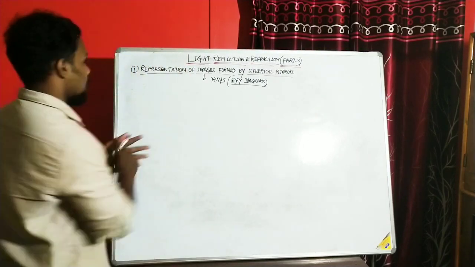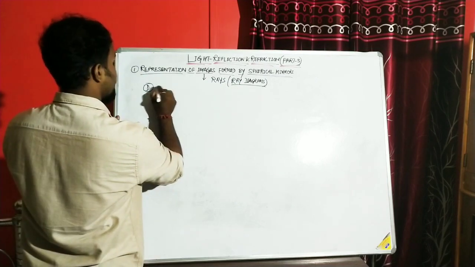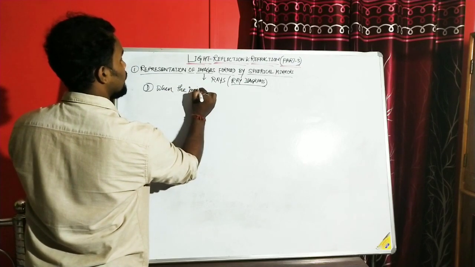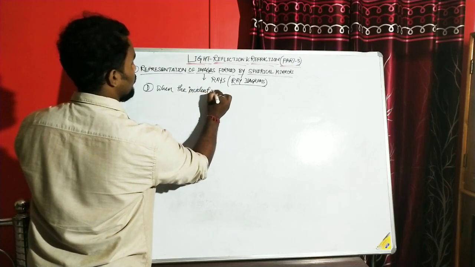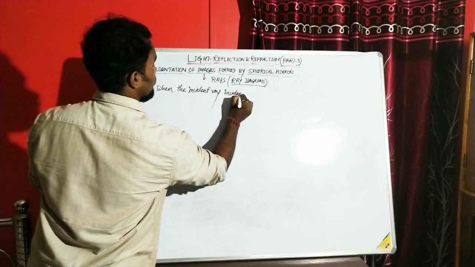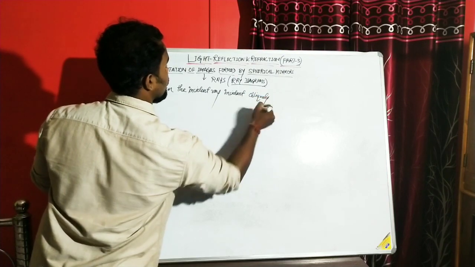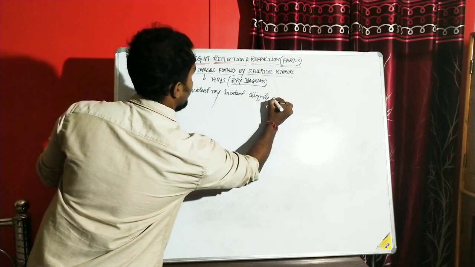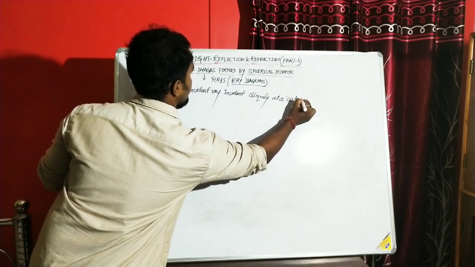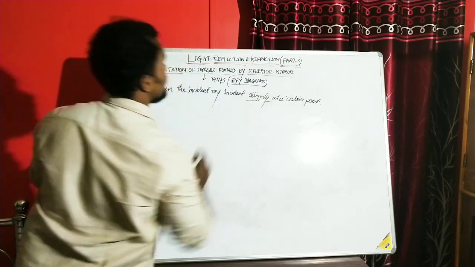Okay, our next topic is going to be when the incident ray is incident obliquely at a certain point. Now first we have to understand what that word means.